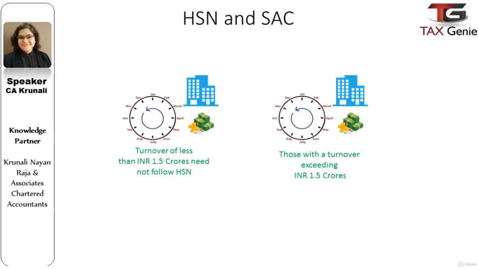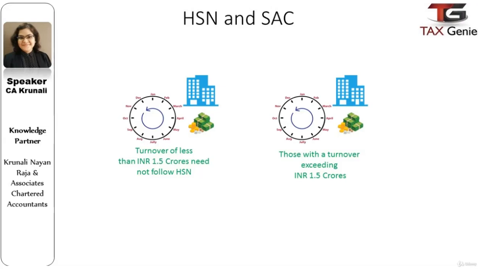In India, manufacturers under GST will be required to follow a three-tiered structure of HSN. That is, manufacturers with a turnover of less than 1.5 crores do not have to follow the HSN.